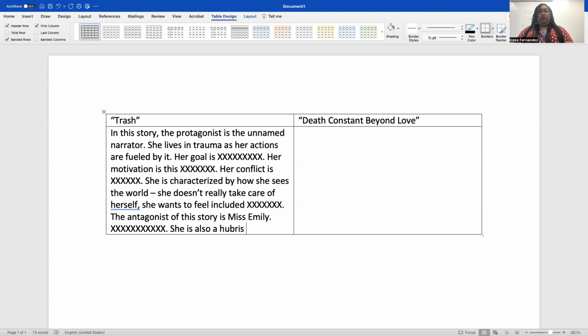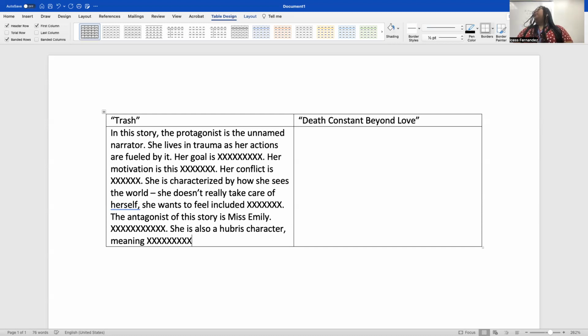It's also a hubris character. Meaning, blah, blah, blah. Right? You see how you're just literally writing about character? You're using everything that we learned, right?